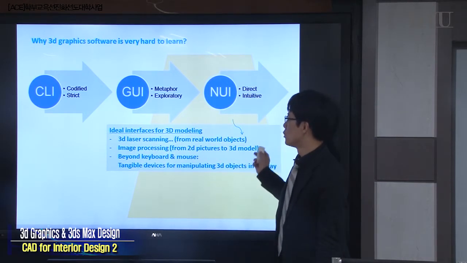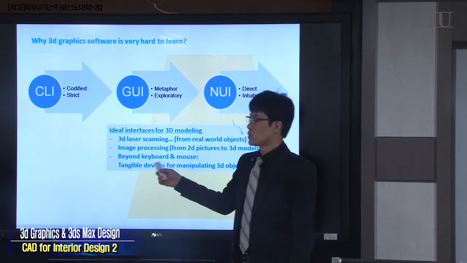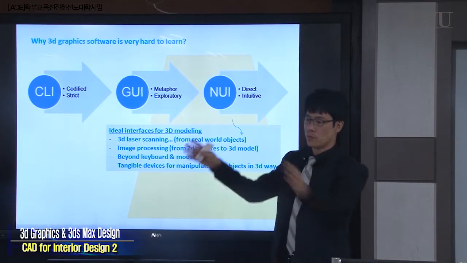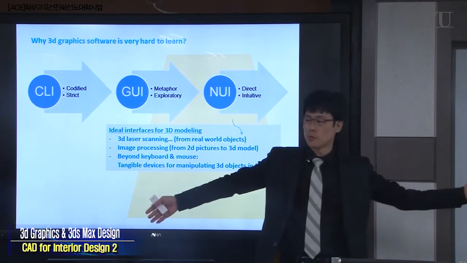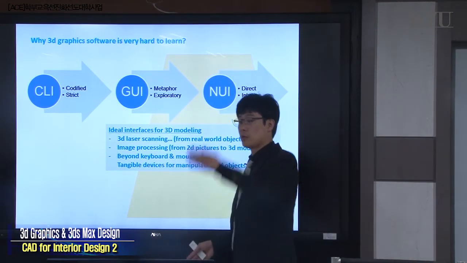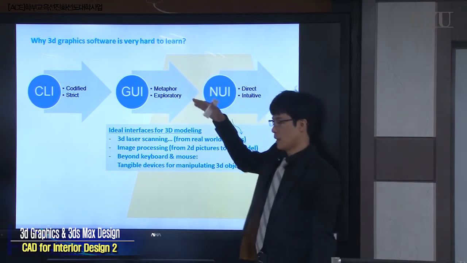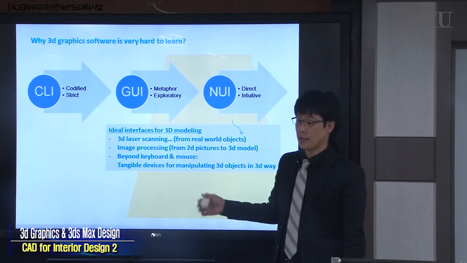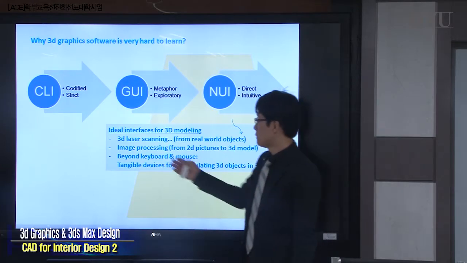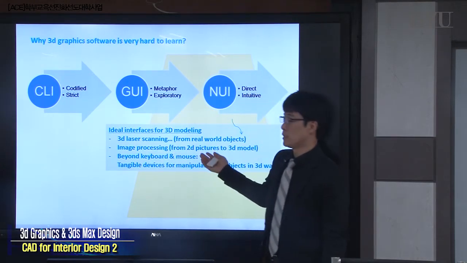But actually there are some more things. How do you model this room in 3D? You can measure the distance from here to there, and the height, and draw it in AutoCAD or 3ds Max or SketchUp, easily sometimes. But what if you can scan it using a 3D laser scanner?